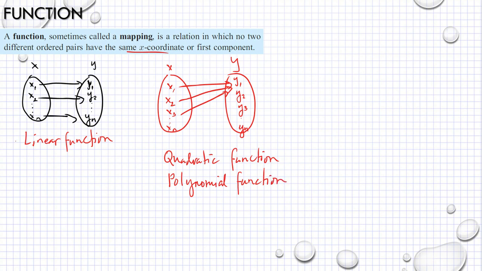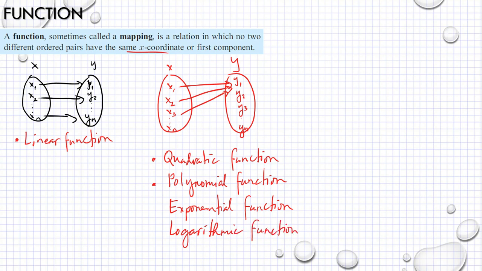In a linear function, you have only one root. In the quadratic, you have 2 roots. Here we have 3 or more roots. And then we have the exponential function. We have also the logarithmic function. And we have also what we call the rational function.